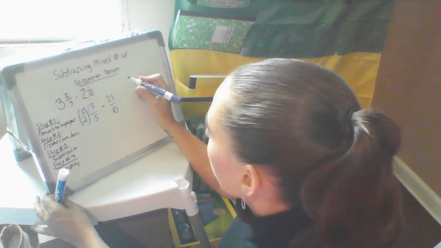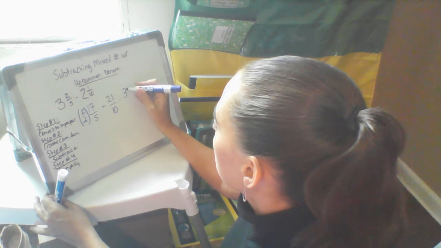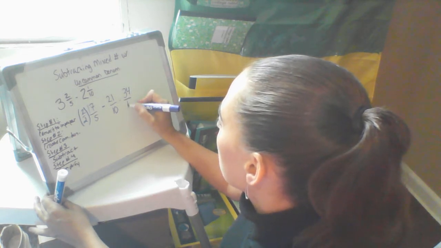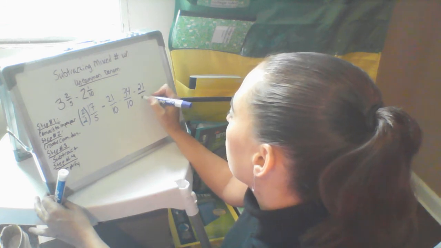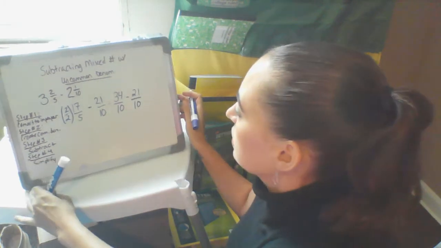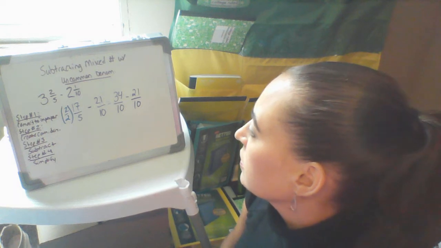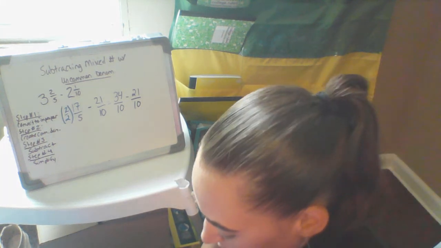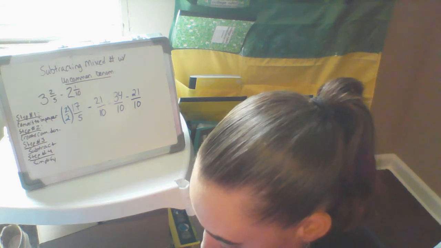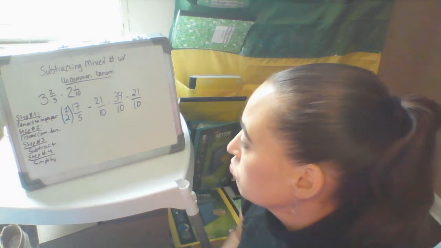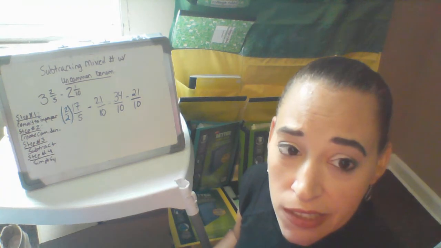And we're going to get 34 over 10 minus 21 over 10. All right.